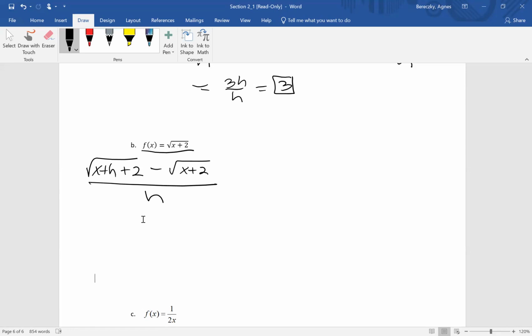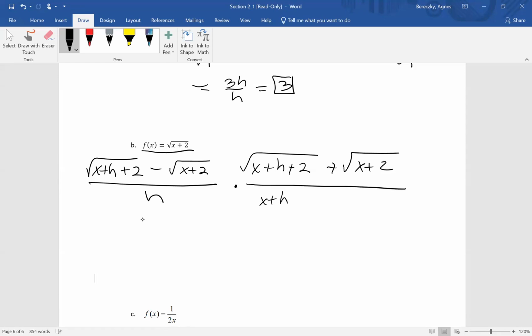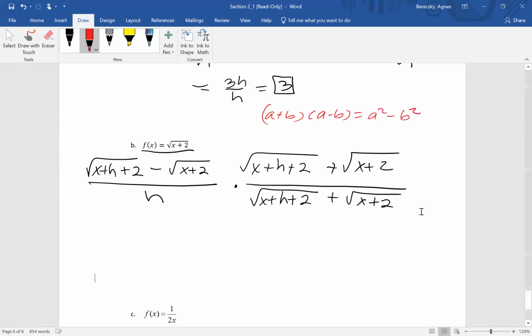This time we are rationalizing the numerator, multiplying the numerator and the denominator by the conjugate of the numerator. That is the new calculus concept, utilizing the a plus b times a minus b equals a squared minus b squared algebraic rule.